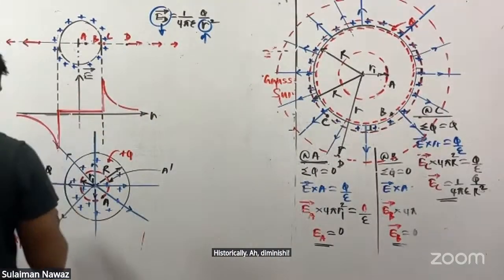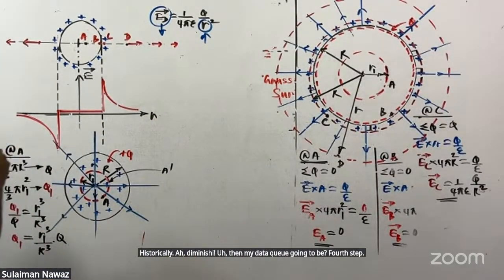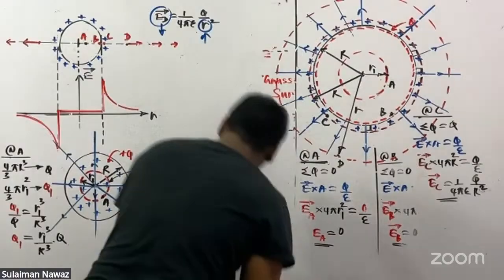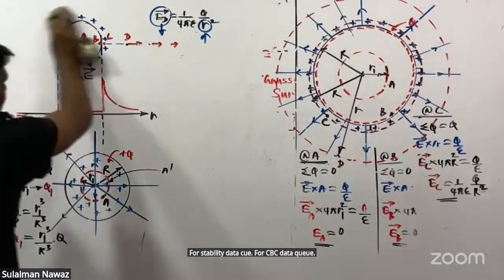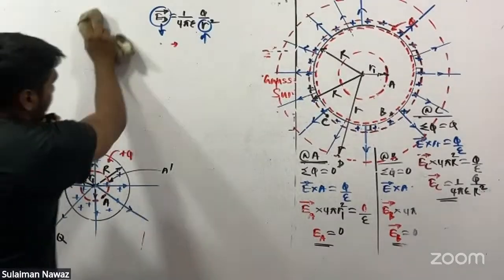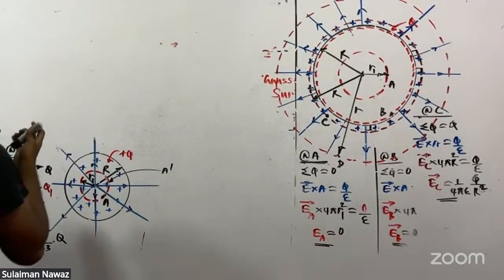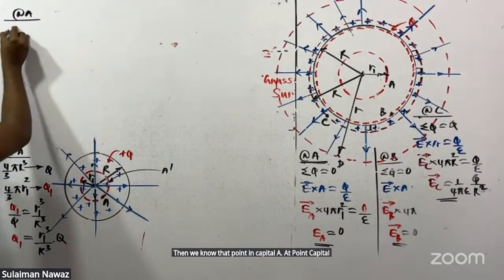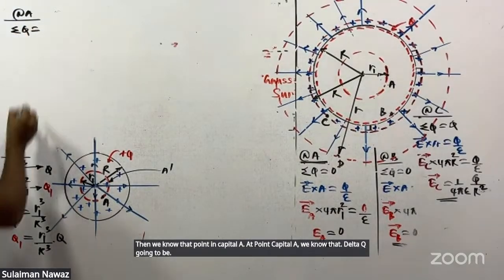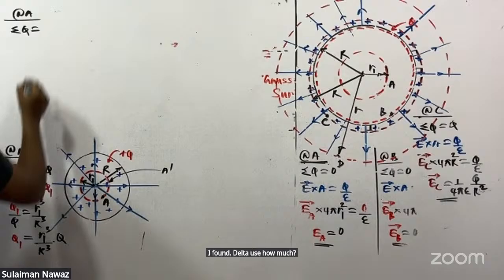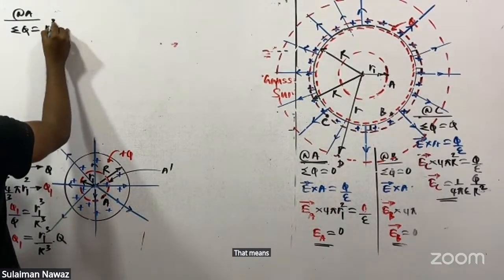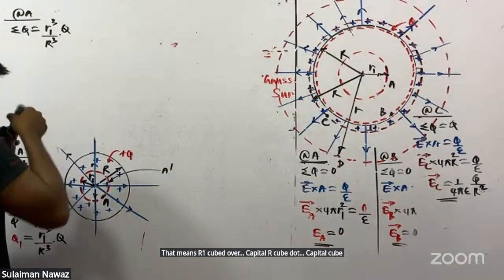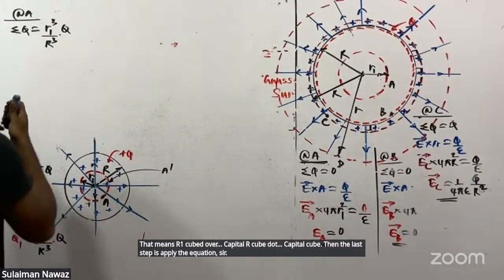Then the fourth step is my delta Q. At point capital A, the delta Q I found is Q1, that means R1 cube over capital R cube times capital Q. Then the last step is to apply the equation.